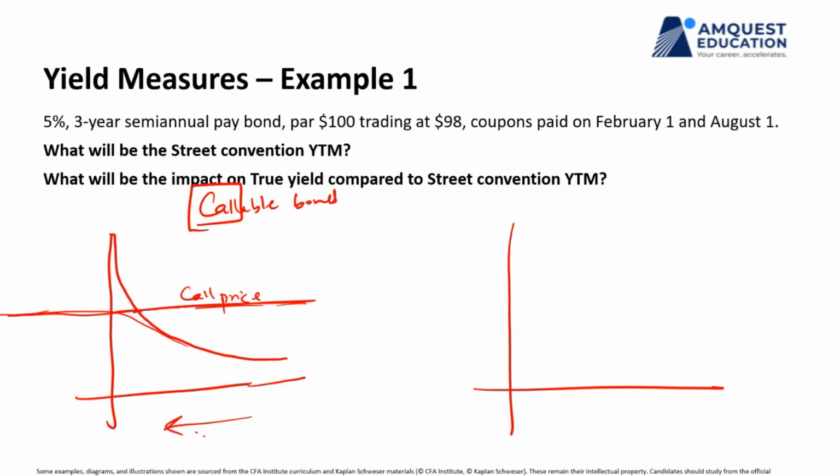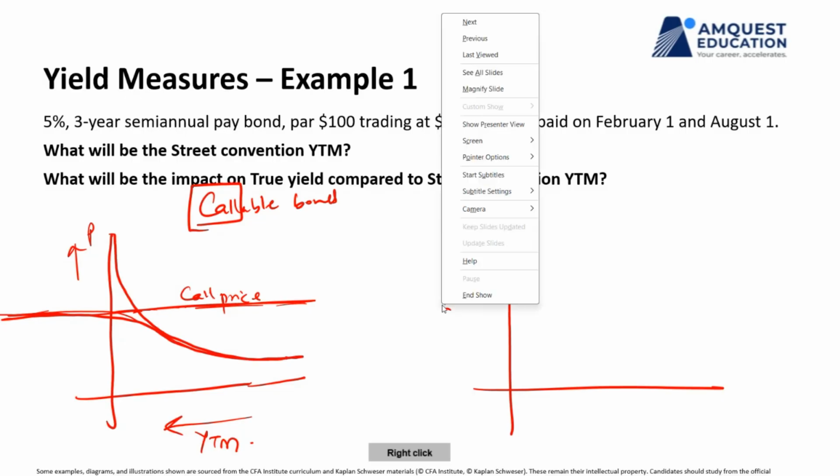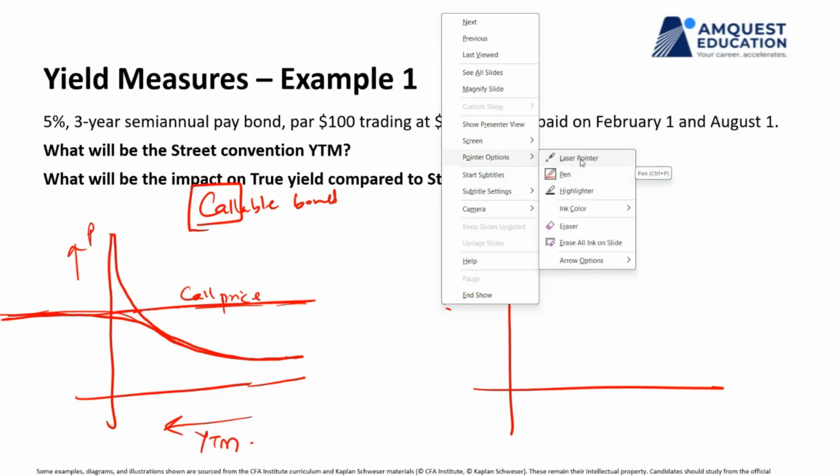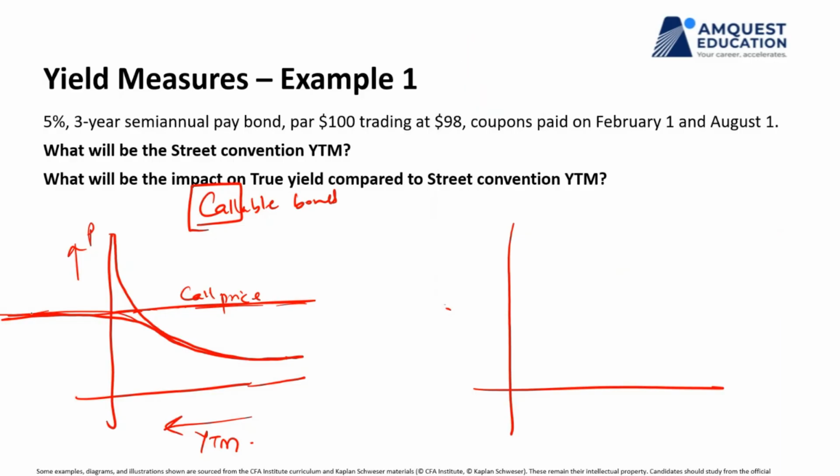So if interest rates or YTMs decrease, the price of the bond increases, the issuer will not wait for the price to go very high, and the graph of this callable bond will typically take a shape which is slightly different. Right? So this is your callable bond graph, the one which you see in blue. The red is your normal bond graph.